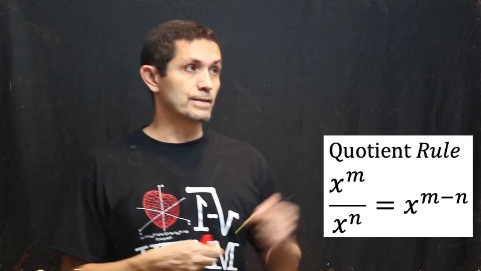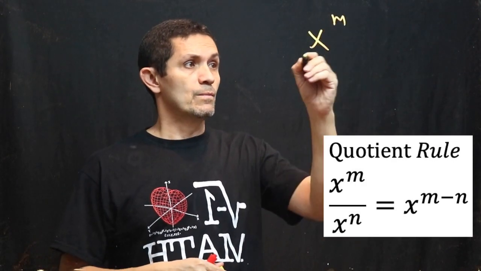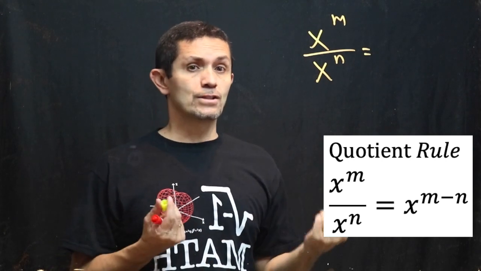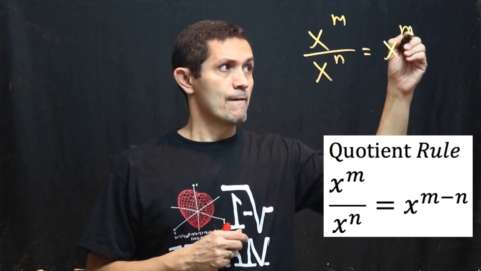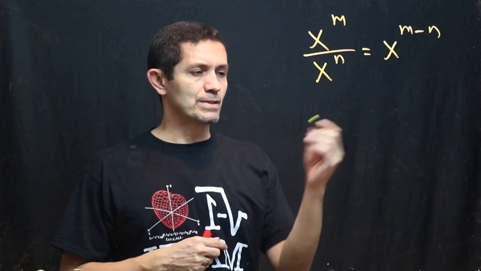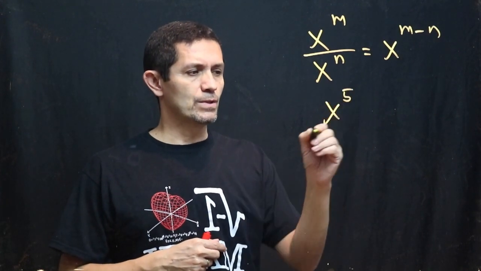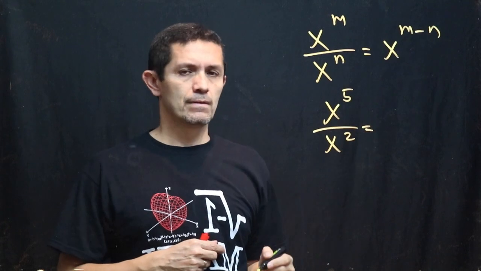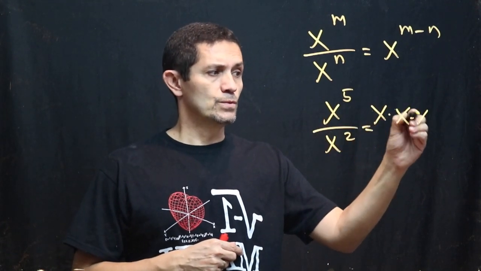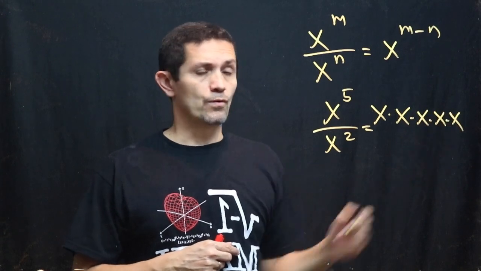Now let's talk about the quotient rule. The quotient rule says that when I'm dividing 2 powers with the same base, I subtract the exponents. Let's say that I have, for example, x to the 5th power divided by x squared. Remember, x to the 5th power says 1, 2, 3, 4, 5.